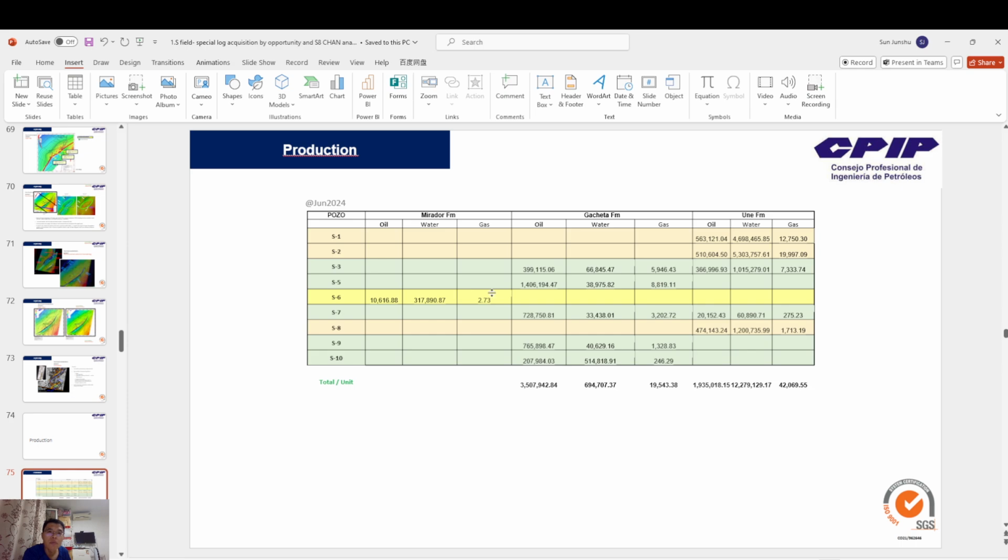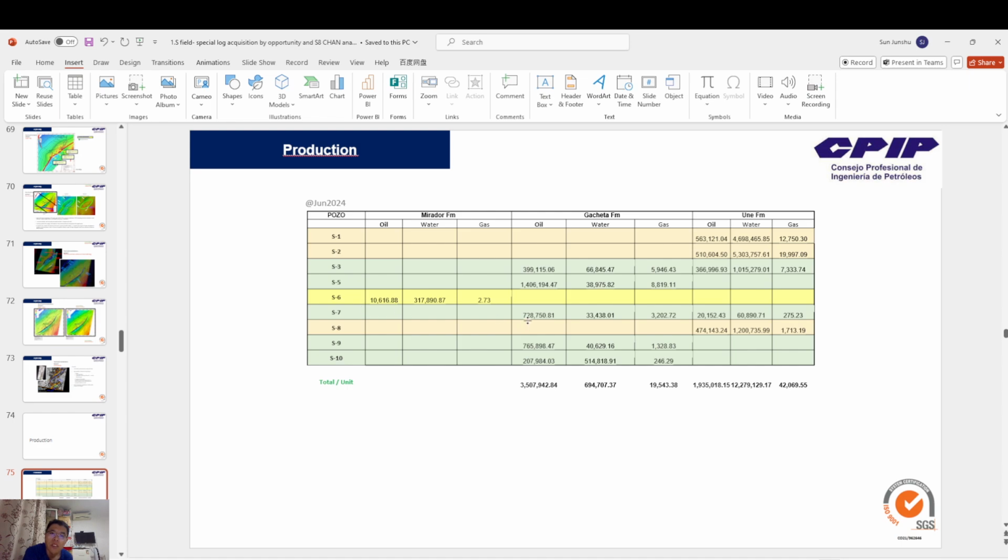S5, 1,406,000 barrels. S6, in the Mirador, only 10,000 barrels.